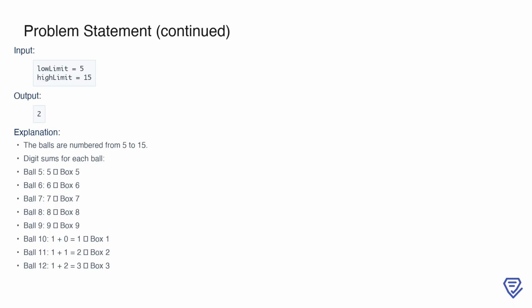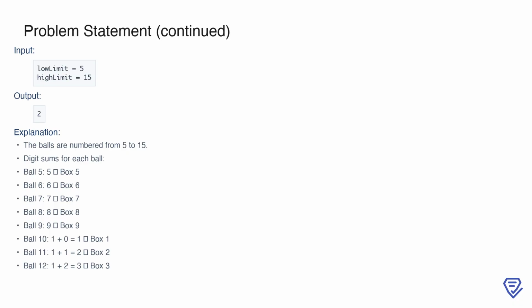Now, let's look at another example where low limit is 5 and high limit is 15. Here, the balls are numbered from 5 through 15. We compute the digit sum for each ball to determine its box. For example, ball 5 goes into box 5, ball 6 goes into box 6, and ball 7 goes into box 7. This process continues up to ball 9, which goes into box 9.